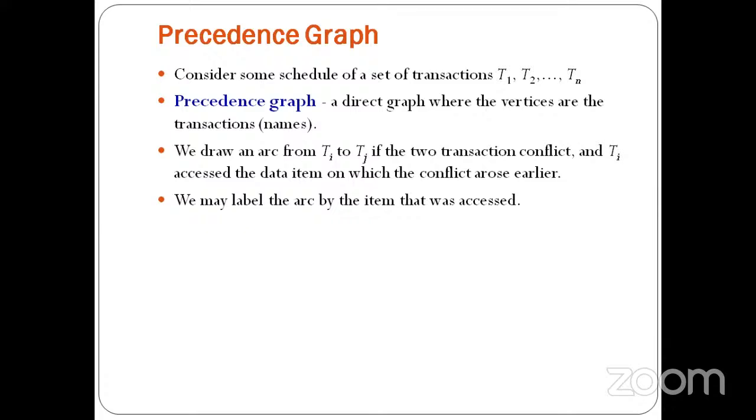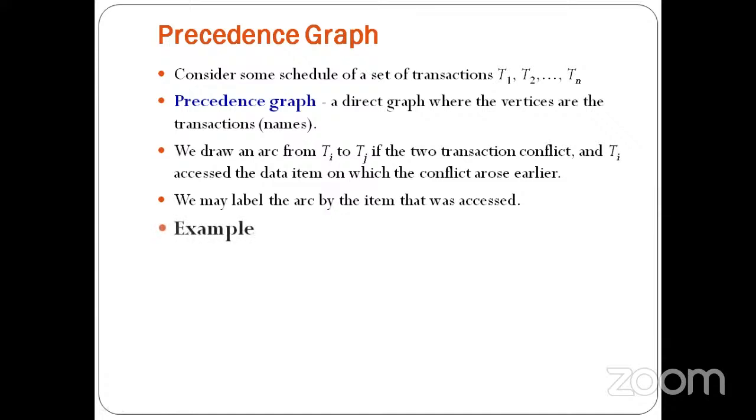It means we draw an arc from Ti to Tj, two transactions that conflict, where Ti is going to access the data item on which the conflict arose earlier. We may label the arc by the item that was accessed.